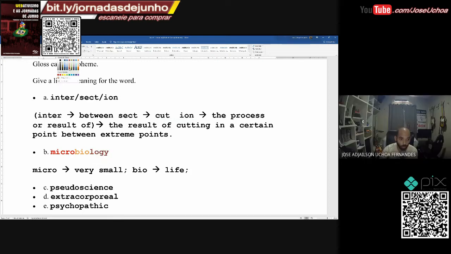Knowledge, very good. But is it logi or log? How would you treat it? Micro, bio, log, y, or micro, bio, logi? How would you approach this?